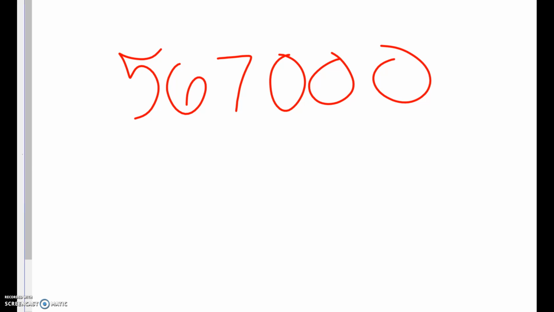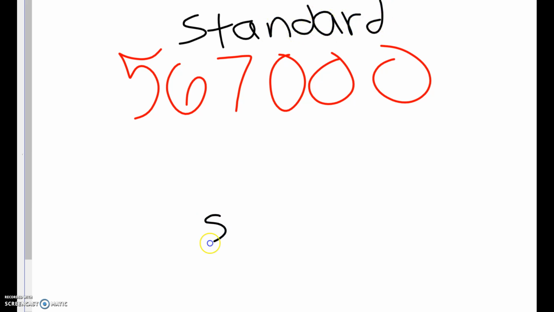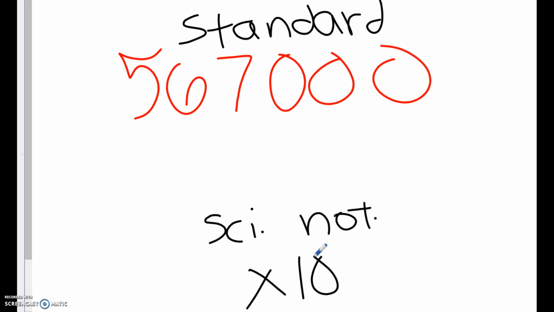Cool. Let's go the other way. This is standard form, and we want to put it into scientific notation form. So that means it needs to have a power of 10. Actually, let's just take a look at scientific notation really quick here.